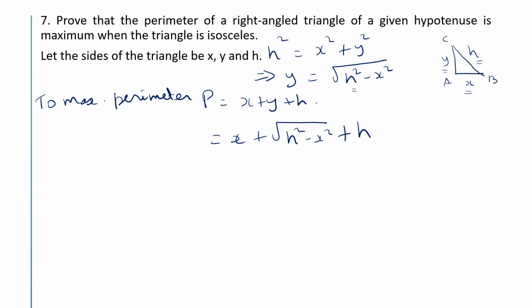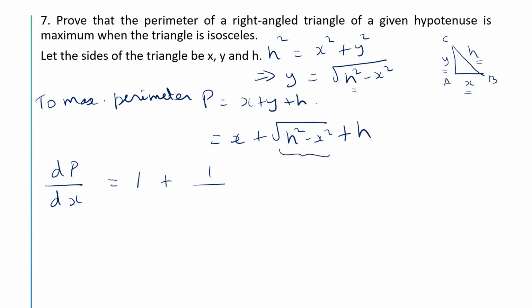Now we will find dp by dx. Here if we want to maximize p, we have to find the point of maxima. So dp by dx equal to 1 plus, here we have to differentiate using chain rule.